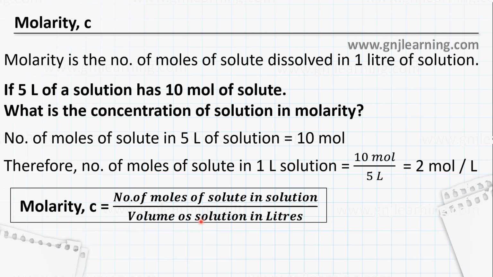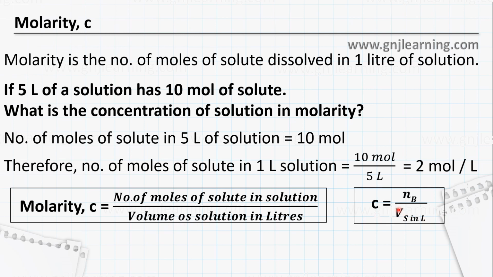So if you do this, you will get number of moles in 1 liter. If you are doing this math here, you will get number of moles per liter. Clear? So if you are using notations, like I am using molarity C for molarity, number of moles of solute means N subscript B, and volume of solution means V. We will see that.